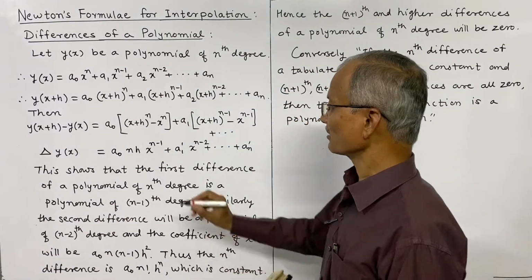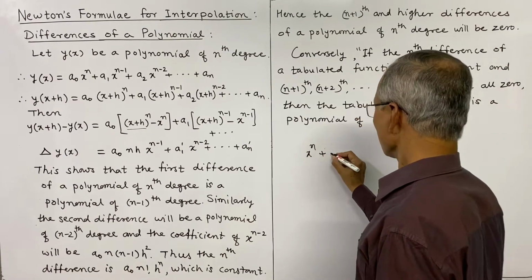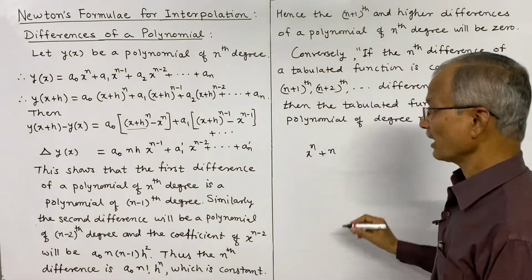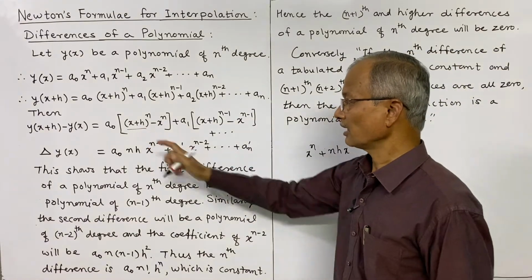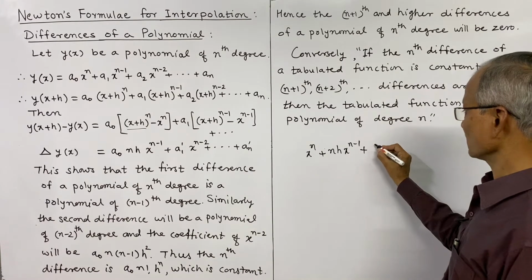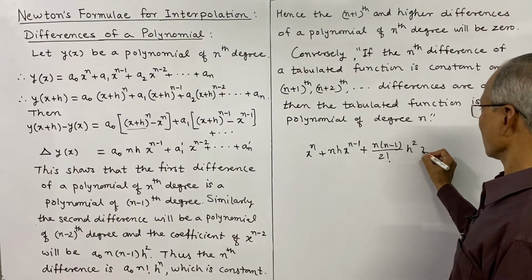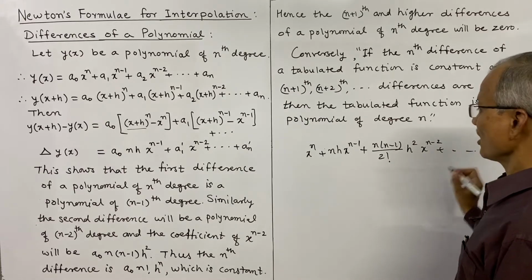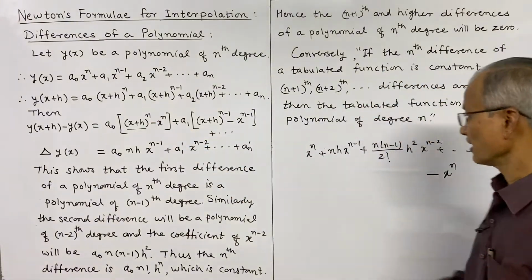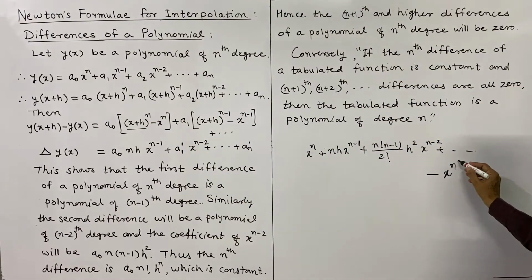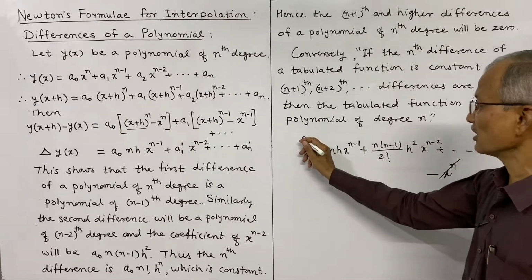So the terms of this expansion will be x power n plus n into h into x power n minus 1, according to the binomial expansion, plus next will be n into n minus 1 divided by 2 factorial, h square x power n minus 2 and so on. And from this expression the term subtracted is x power n. So the first term cancels with this, and the remaining terms are multiplied by a0.